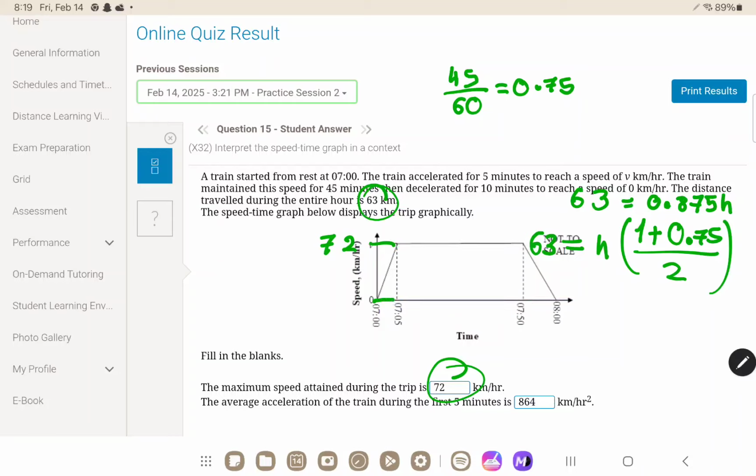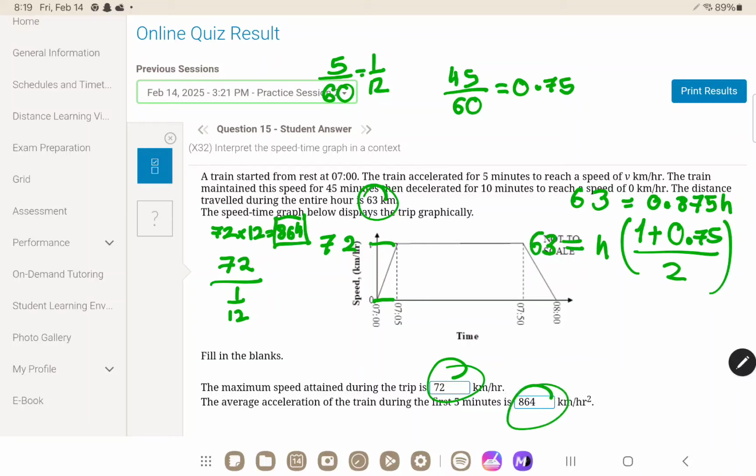So during the first 5 minutes, the acceleration was 72 divided by the time. But the time in hours, not in minutes. So we know it passed 5 minutes, 5 minutes of an hour, which is 5 over 60. 5 over 60 can be written as 1 over 12. So 72 over 1 over 12, which is the same as 72 times 12, which is 864. And that's your final answer.